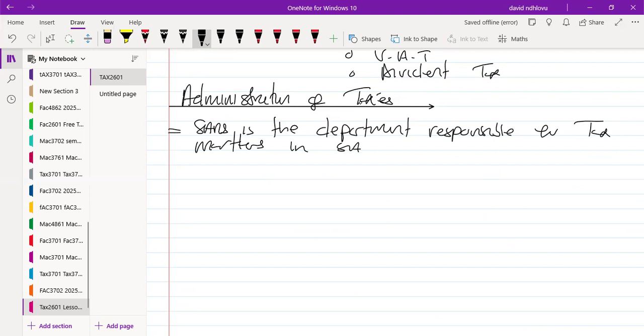SARS, remember, represents the South African Revenue Services.